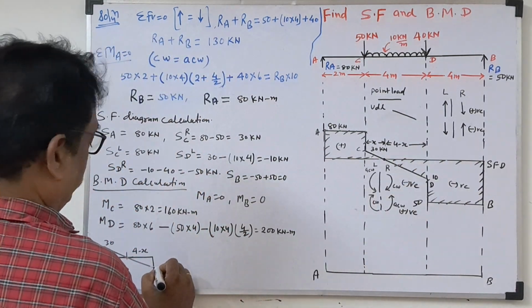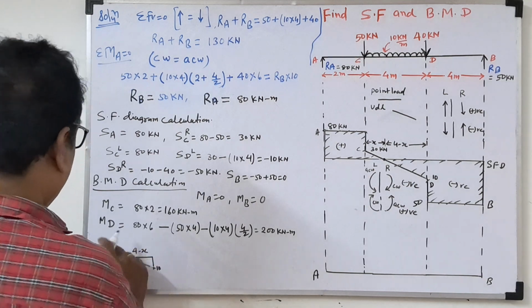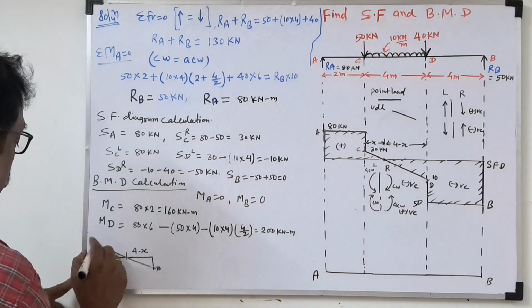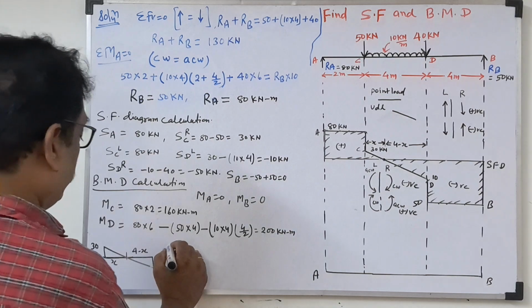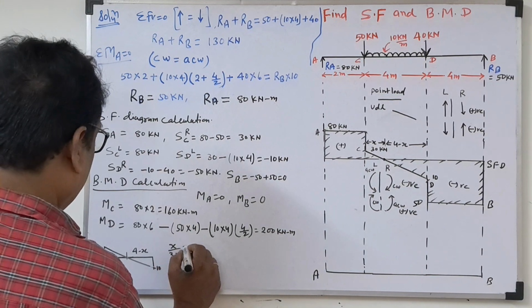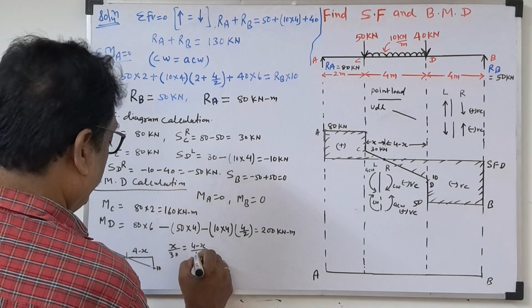This is 10. So how to calculate? If we assume this is 30, then x by 30 is equal to 4 minus x by 10.